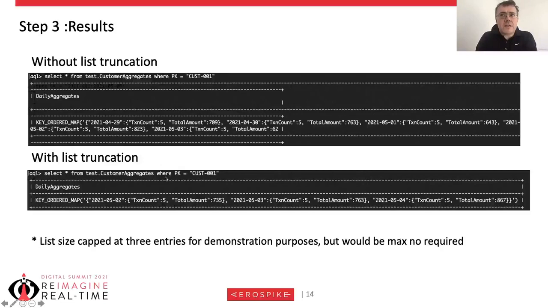If I ran my test code generating transactions over the 10-day period, you'd end up with a map which looks like that. So it would have effectively 10 entries. Running it through update daily aggregate 3 will result in the list of maps being kept to no more than a specific size, and you can see that we've just got 3 entries here rather than the 10 that I would have got had I not done the list truncation.